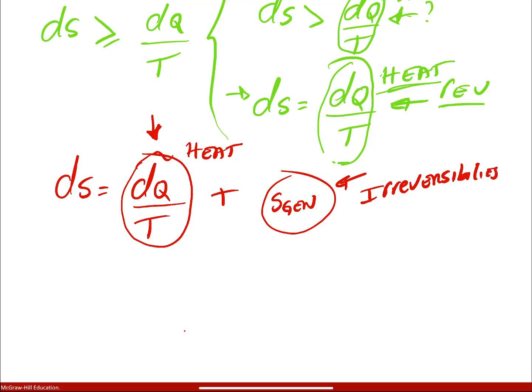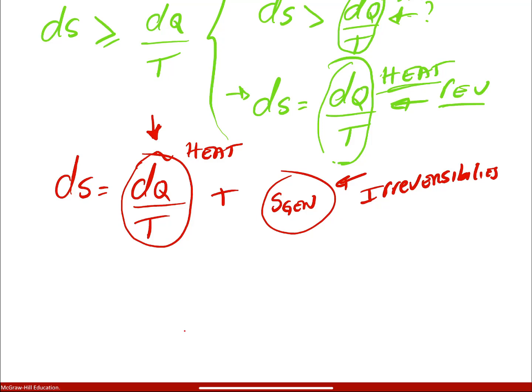So the remaining value of the new property that he defined was created by irreversibilities. Remember, what is the definition of those? It's something in your system that is causing your process to not be perfect. It's something that is preventing your process from perfection, like friction, gas expansions, everything that we already talked about in the previous chapters.